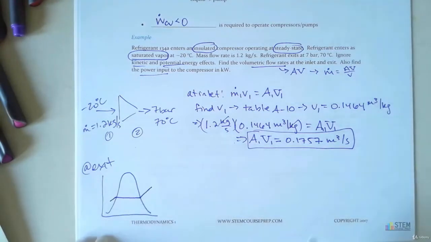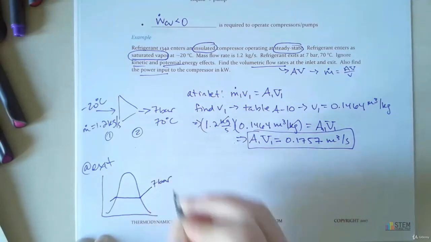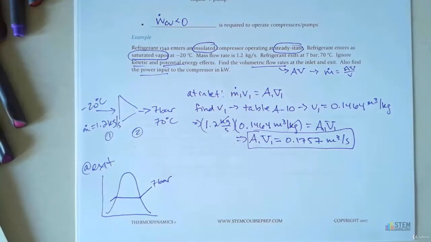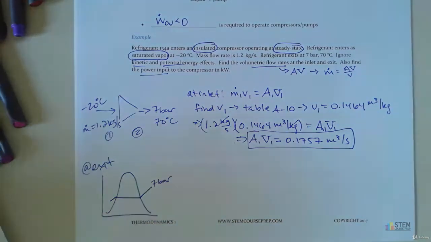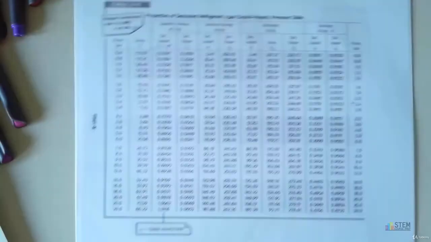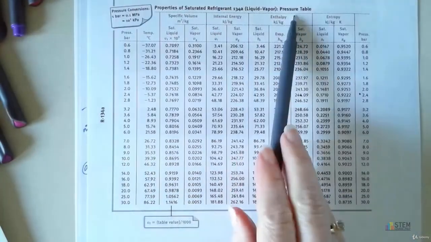So let's draw this. Our pressure is 7 bar, so let's put that on here. At 7 bar, this is our pressure table here.